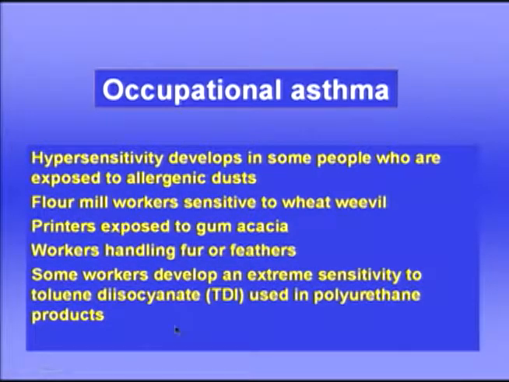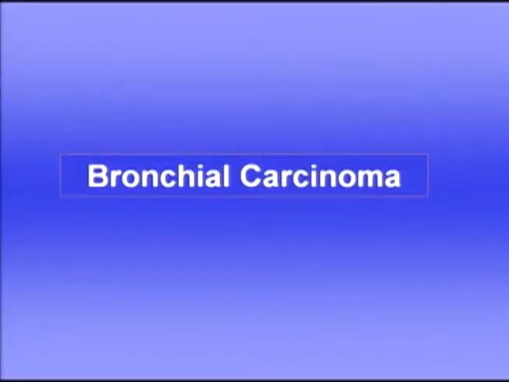There's an interesting form used in the industry making polyurethane products, plastic materials, where toluene diisocyanate, TDI, is used, and some workers develop a tremendous sensitivity to this. In fact, in many cases, workers develop such a sensitivity that they have to change their job because they can't work with this material. So that's occupational asthma.